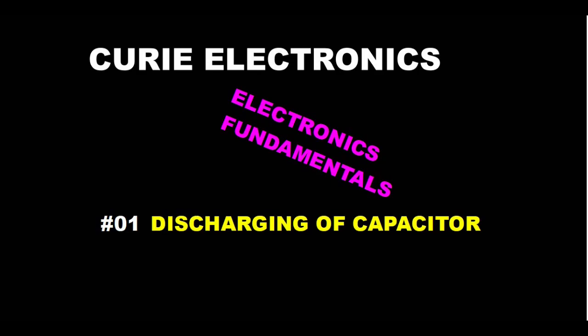In this video, we are going to learn about discharging of a capacitor. That is, initially the capacitor is fully charged, and we are going to study how the discharging characteristics look.